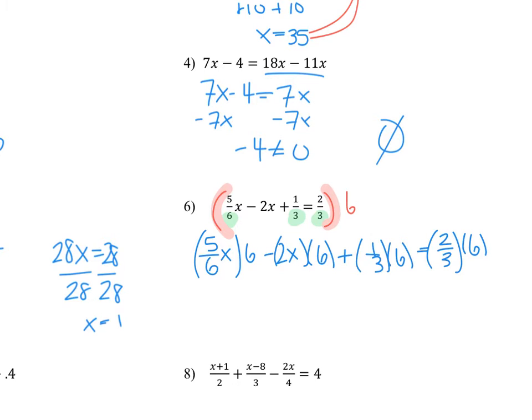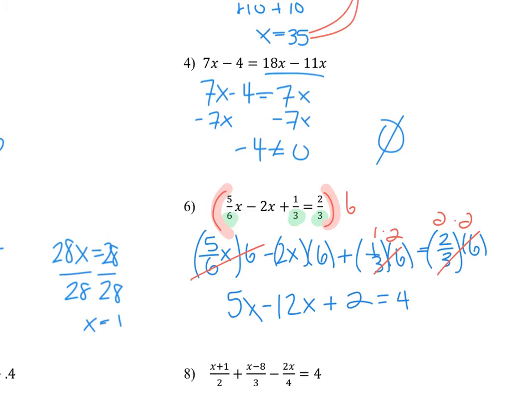Make sure that you multiply everything on both the left and the right side of the equal sign by 6. So you're going to see that this cancels out, and you're left with the 5x minus 12x. This is going to cancel out to 1 times 2, so plus 2. And then this is going to cancel out to 2 times 2, which is 4.